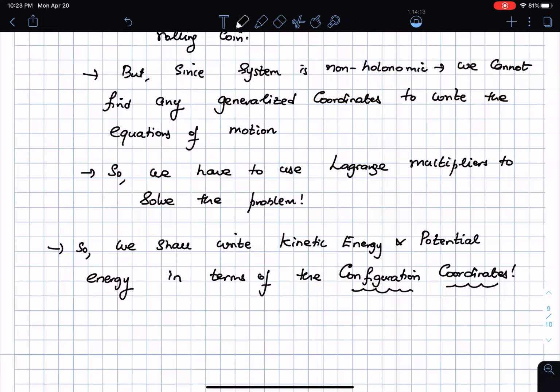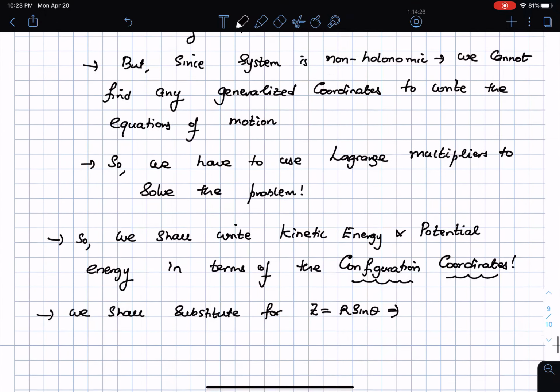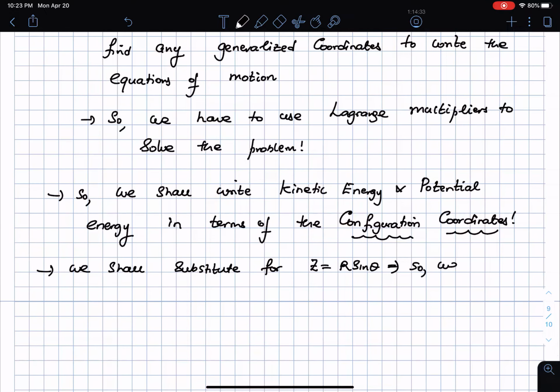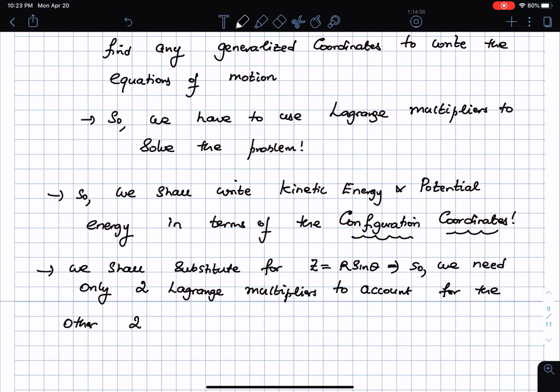We shall substitute for z equals r sine theta, which means that this constraint equation has been used, so we need only two Lagrange multipliers to account for the other two constraint equations.